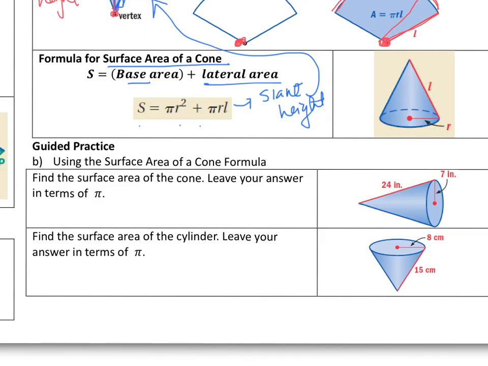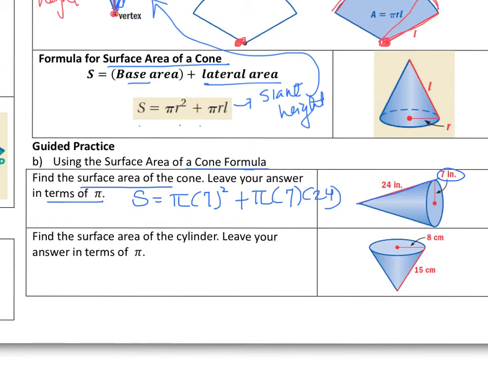Okay, let's do some practice using the surface area of a cone formula. To find the surface area of the cone, leave your answer in terms of pi. So I'm not going to ask you to multiply it by 3.14 to make things simple. So surface area equals pi, we have a radius of 7, so you could just go ahead and write 7 squared, and pi, substitute in 7 for the radius again, multiply by the slant height of 24.